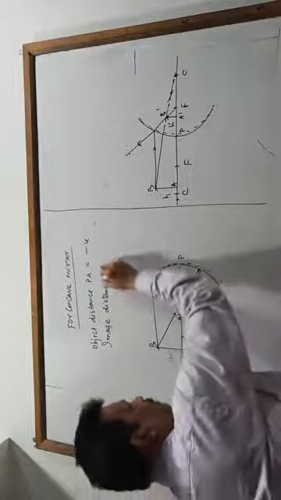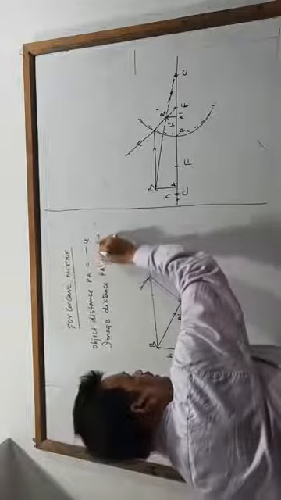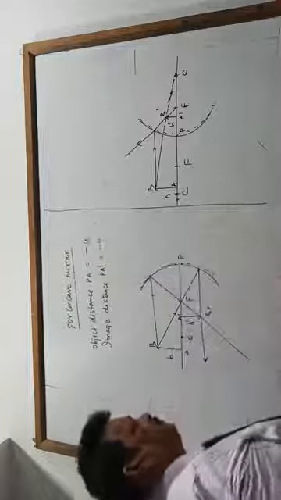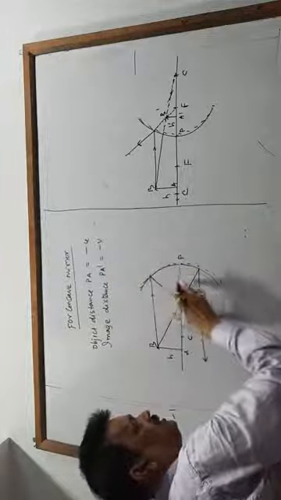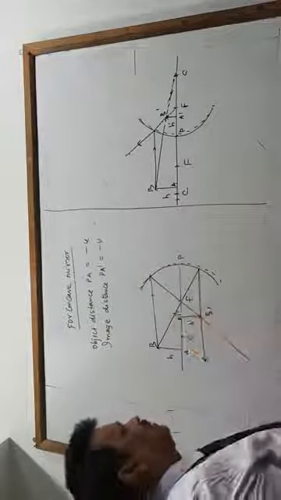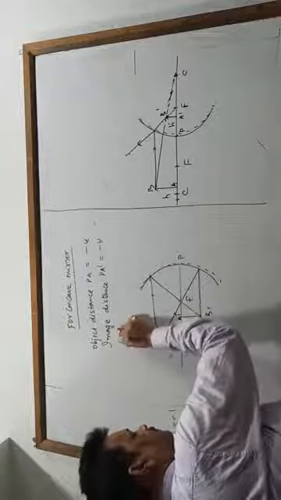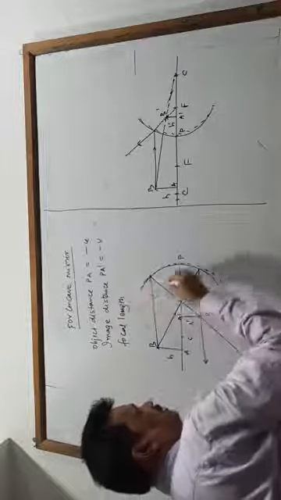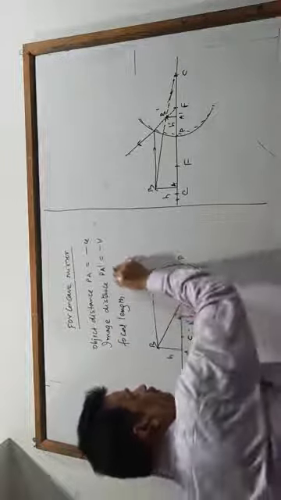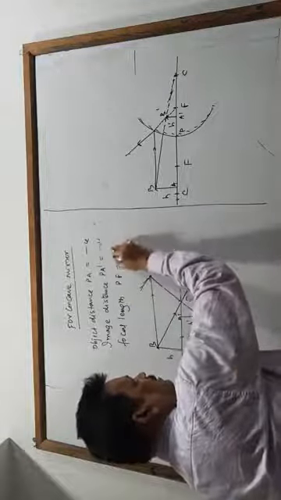PA dash. PA dash, that is minus V. Image distance you always count as V and sign is minus because it is opposite. Focal length, that is PF, that is minus F.